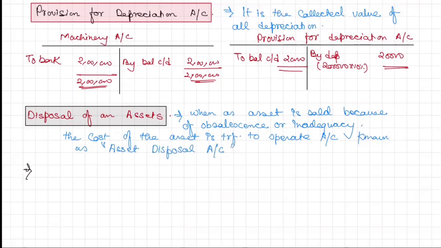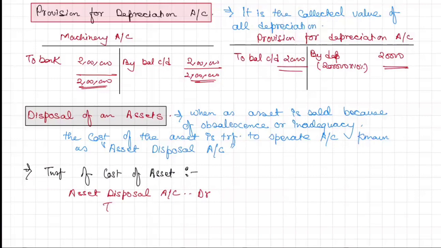So how will you transfer? Transfer of cost of asset. What will happen on transfer of cost of asset? You will write asset disposal account debit to asset account.